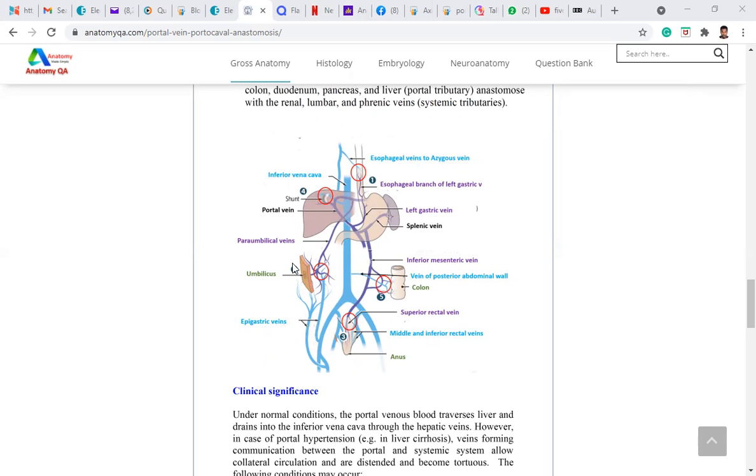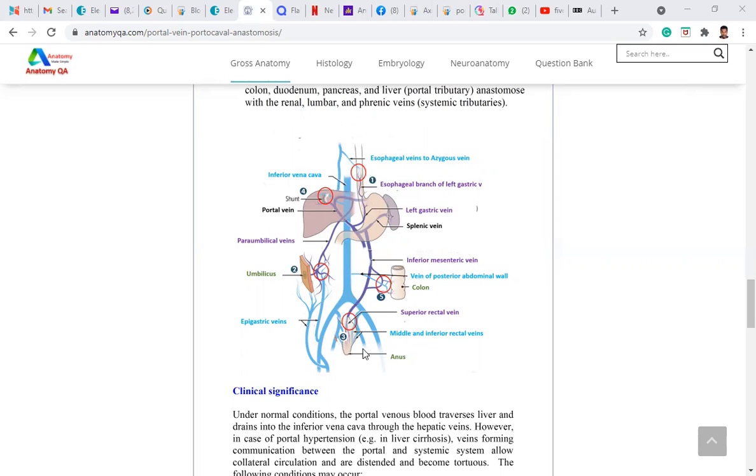And when the pressure here increases in portal hypertension, we will have caput medusa. When the pressure here increases in portal hypertension, the veins here will become dilated and we will have esophageal varices.